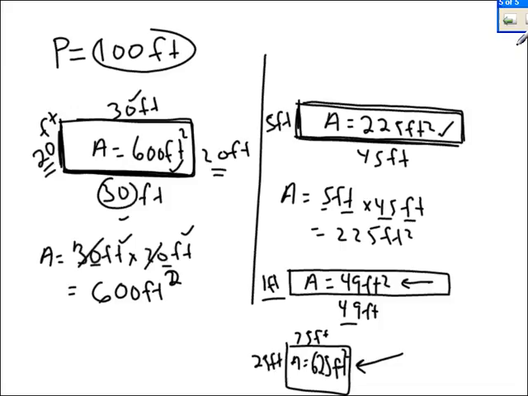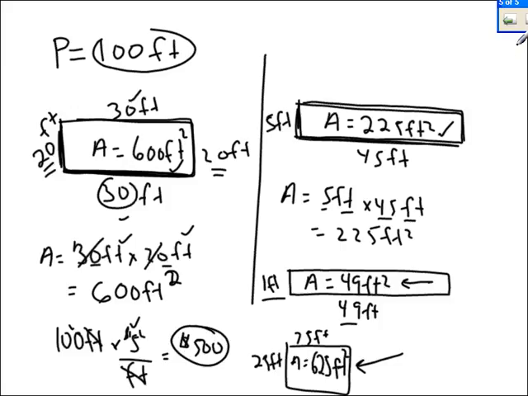The seller is going to say, look, you are buying 100 feet of fencing and it costs $5 per foot. The feet cancel out. Dollars are the units that survive. 100 times 5 is $500. Please give me $500 or leave.